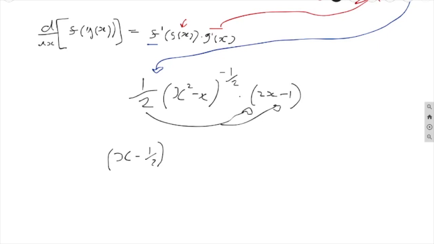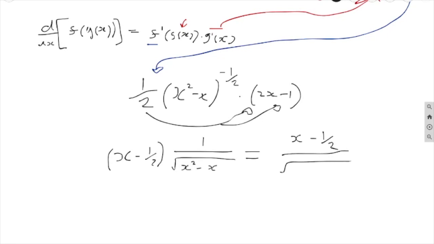If you remember index notation, a minus means it's something over the top, and to be at the power of 1/2 is to be square rooted. And since this is how fractions work, we can put the x minus 1/2 over the top, and that will give us x minus 1/2 over the square root of x squared minus x.